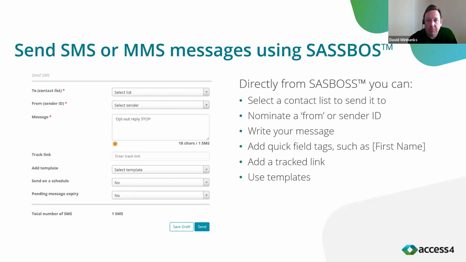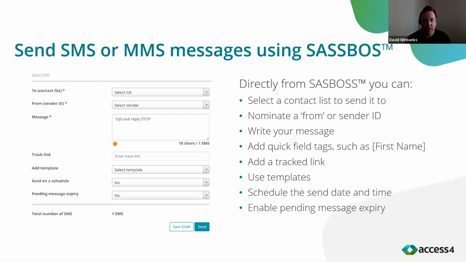You can set up templates, so you can save SMSs as templates and use them in upcoming campaigns. Then you can schedule the sending of the SMS. So if you want to delay the sending of it, not send it immediately, you can set a schedule for when it's going to go out in the future.